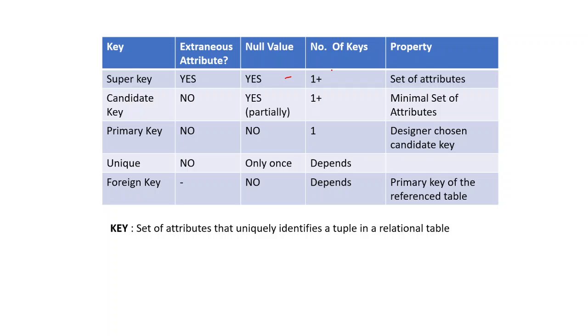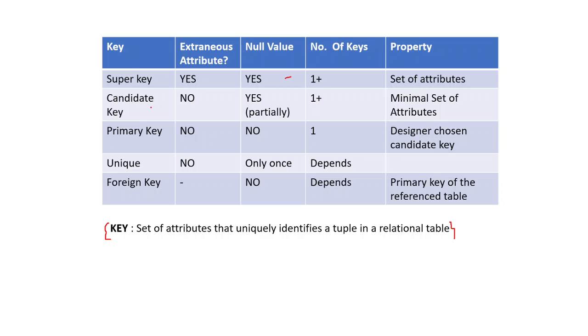If you remove that extraneous attribute, it still remains a super key. It doesn't have any special property as such, because this is the general key definition, which says that a key is a set of attributes that uniquely identifies a tuple in a relational table.